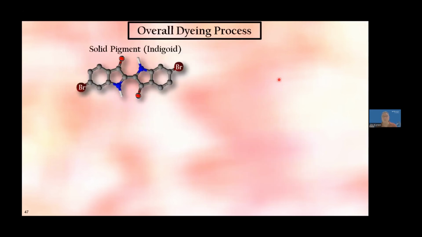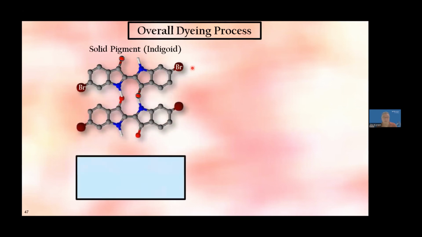Now, how did they do the dyeing in ancient times? Like I said, dyeing with the purple pigment is much more difficult than using it as a paint pigment. So let's take the solid pigment. Let's say it has a nice amount of dibromo indigo and other indigoids.